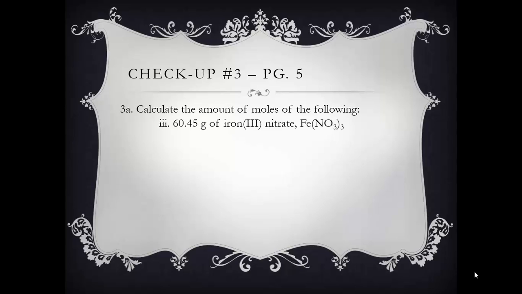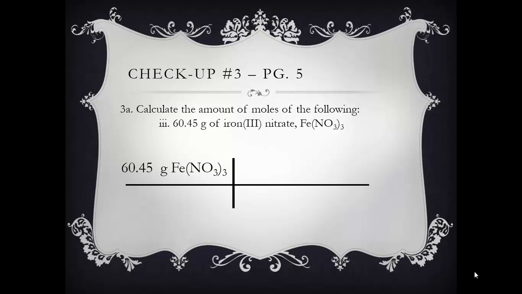Number 3 again, part 3, we have iron nitrate. Find the amount of moles of iron nitrate, FeNO3, iron 3 nitrate. You have your given. You find the molar mass of iron nitrate, which you should get at 241.86 grams. 1 mole of that.